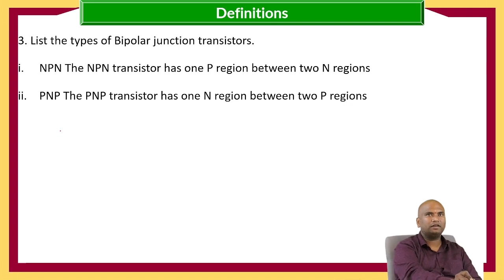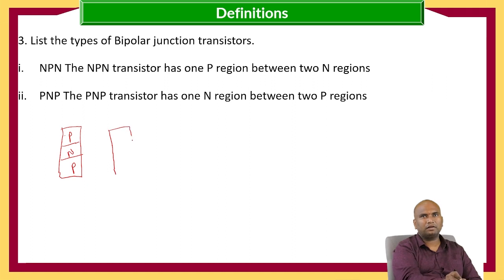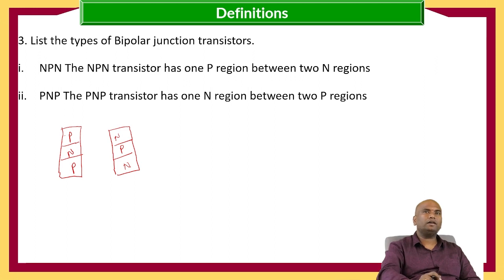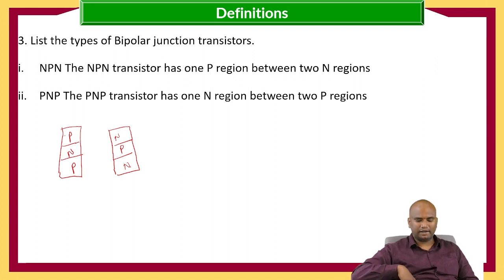That is, if we take the three layers, this is P, N, P, and the next will be N, P, N. These are the three layers we have in bipolar junction transistors.